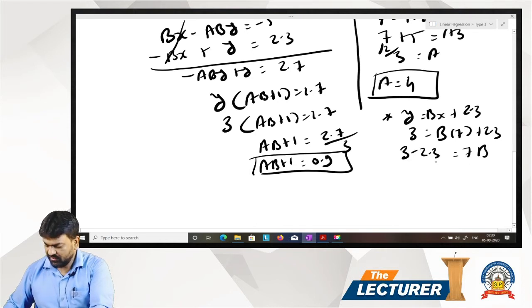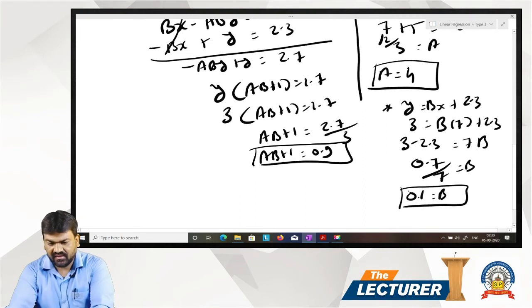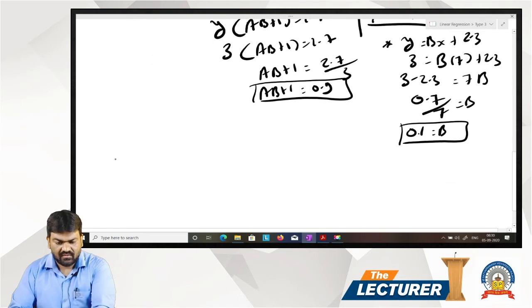3 minus 2.3, that is 0.7 divided by 7 is equal to b, 0.1. So we got a and b. What is a? A is equal to 4, b is equal to 0.1.